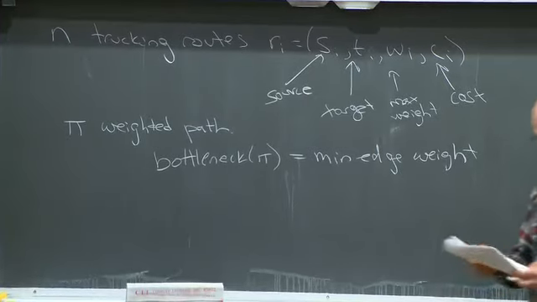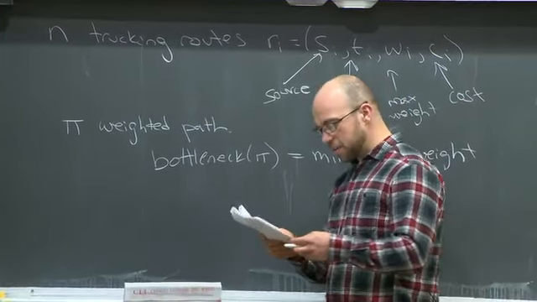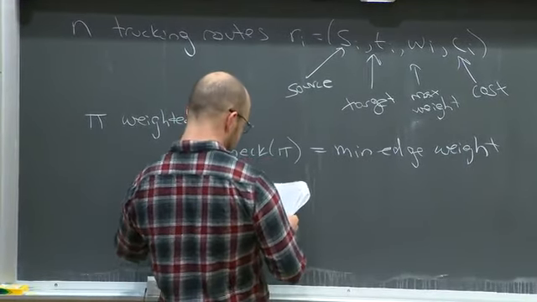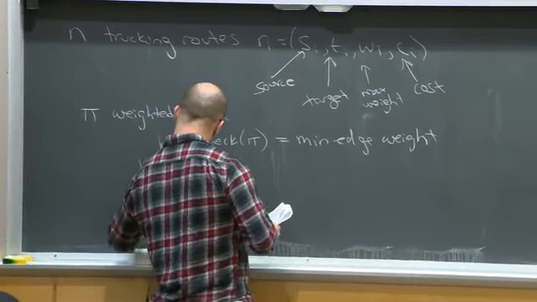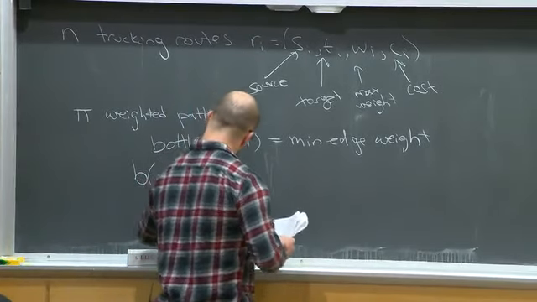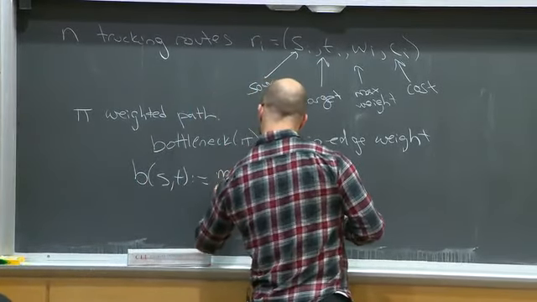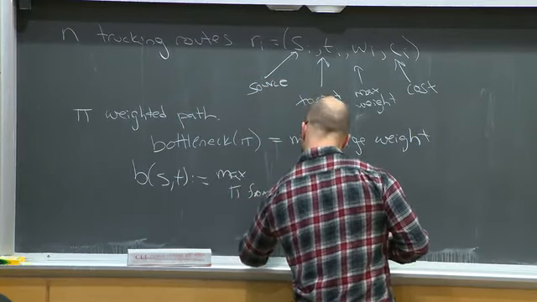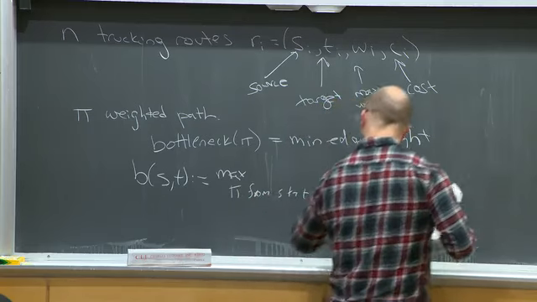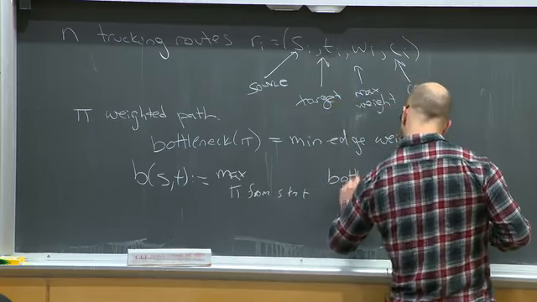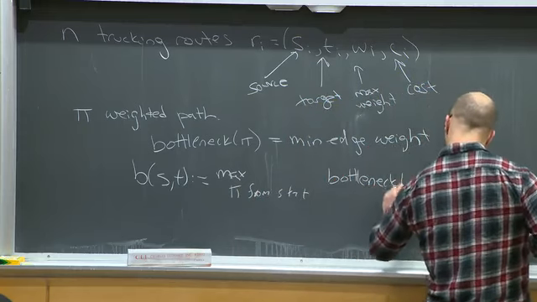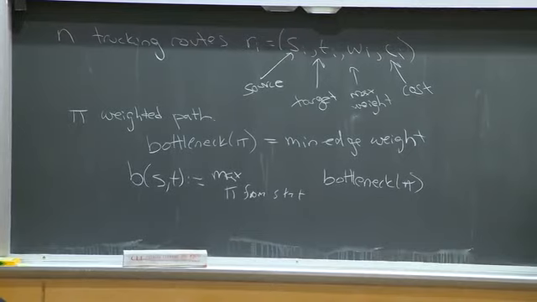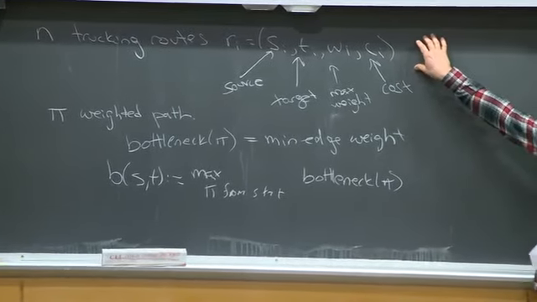Okay, so right now, given a directed graph and 2 vertices s and t, we're going to define a quantity called B(s,t). And we're going to say that this is the max over any path pi from s to t of the bottleneck of pi. Okay, so to sanity check this quantity, essentially at the end of the day, I have this big network of trucking routes.